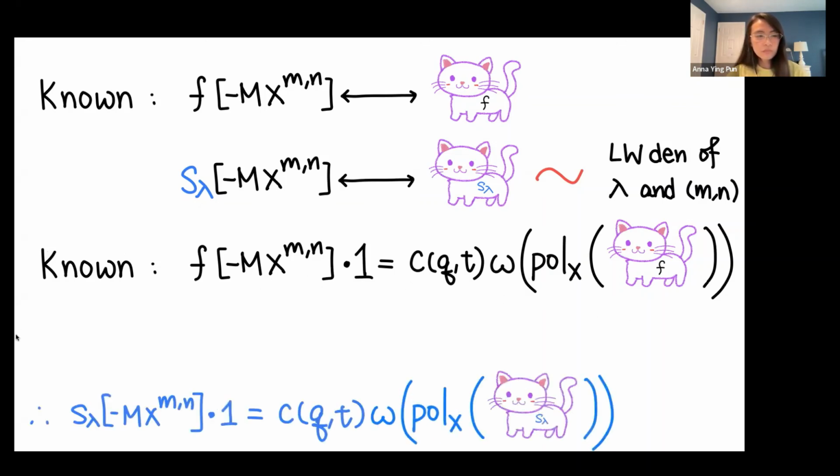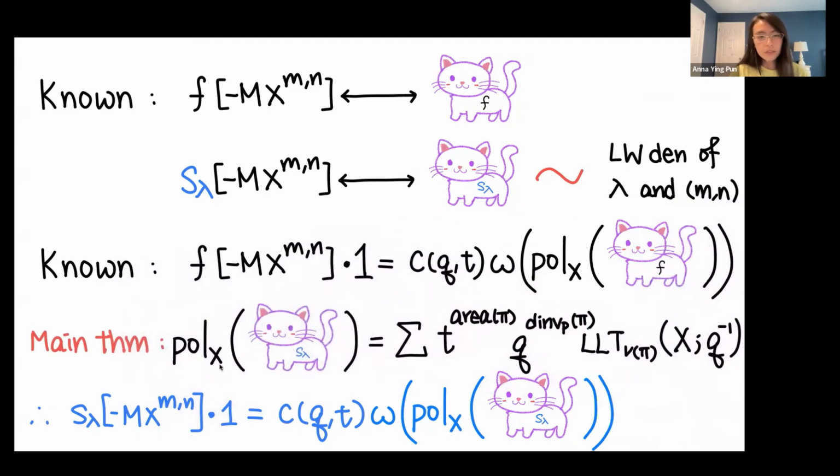So now what it means is that if I choose my F as S lambda, I can just change all these to S lambda. So I have an S lambda on the left-hand side, and then we have some mysterious CQT and some truncation of our Schur cat, right? The main theorem in our paper is saying that if you truncate your Schur cat, it is actually a sum of LT polynomials.